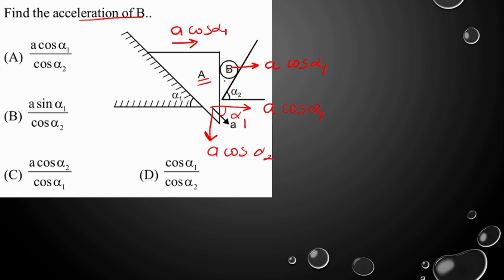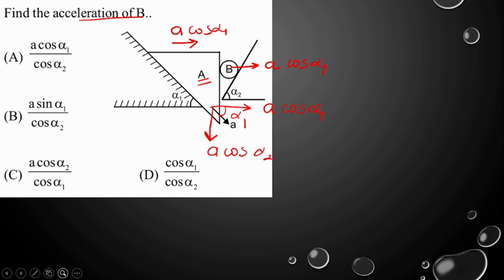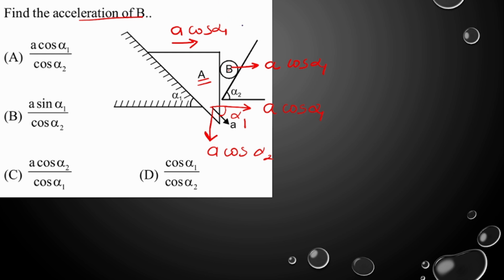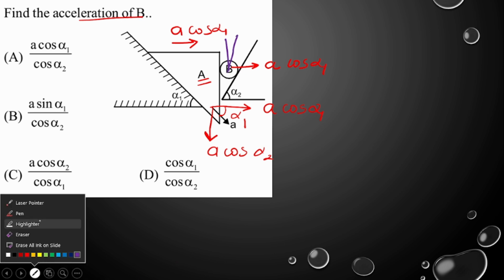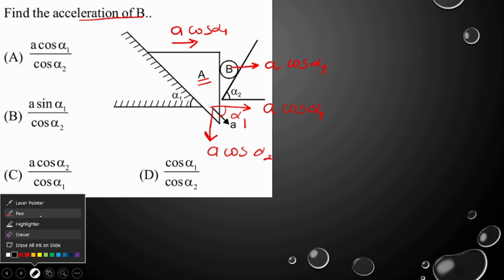Let us consider that the acceleration of ball, let me consider dark pen, acceleration of B is in this direction, not vertical but parallel to surface, and that is b.